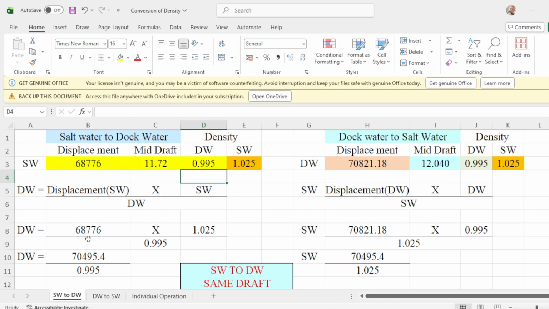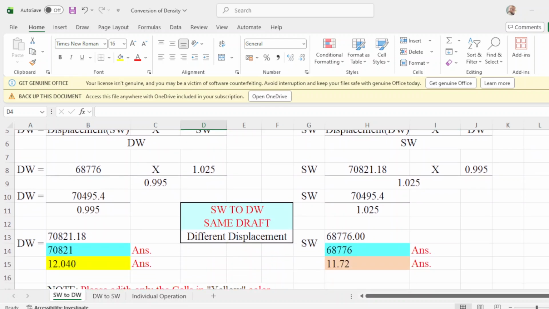So displacement times your constant of 1.025 of seawater over your local density, the value will be this one, 70495.4 over 0.9954, and your displacement at entering the Panama Canal will be 70821, and the corresponding draft will be 12.04.